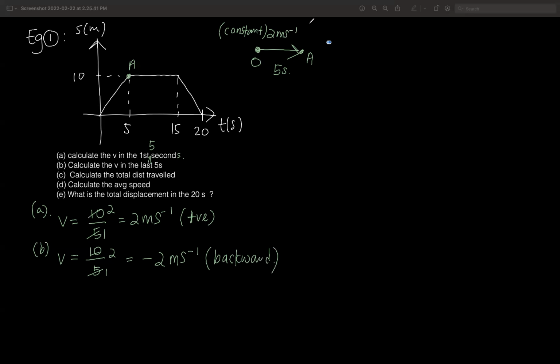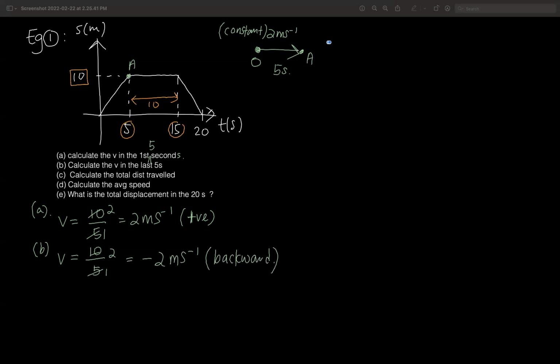After coming to point A in 5 seconds, between 5 and 10 seconds, the position remains at 10. That means it is not moving.